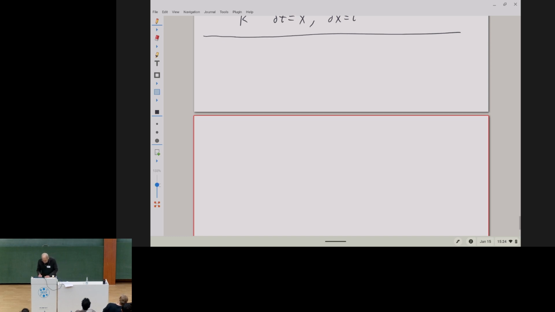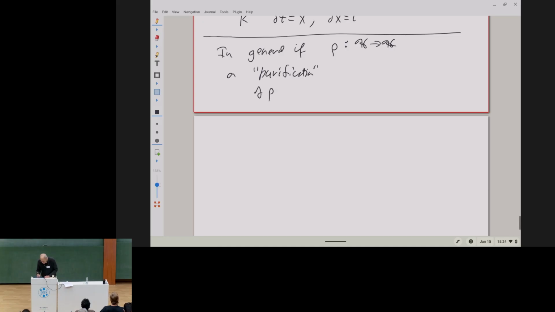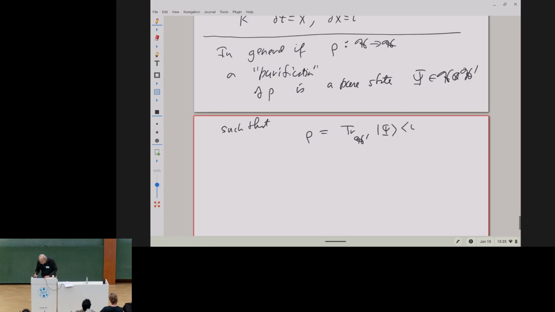First of all, in general, if rho is a density matrix on some Hilbert space H, a purification of rho is a pure state psi in H tensored with some other Hilbert space H prime, such that rho is the corresponding density matrix for observations only on H. This is probably a familiar notion.